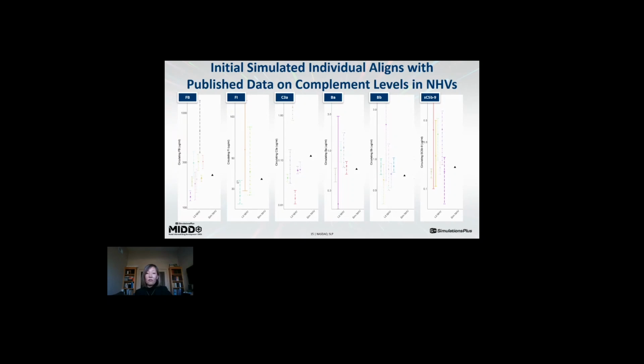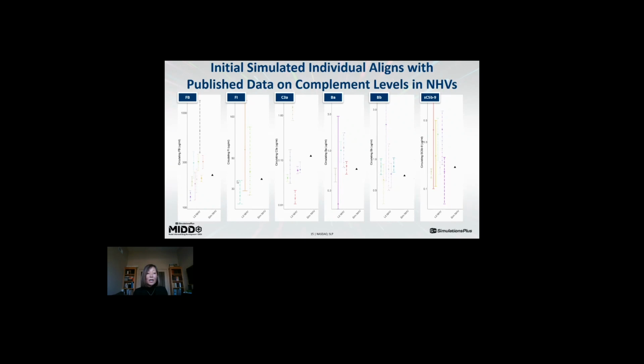And so we can plot those data, and then across the board, for each of those analytes, what is the published data telling us about the median, the range, depending on the particulars, and then how is our initial simulated individual doing relative to those ranges? And so that's the black triangle, the same simulated individual across these different analytes.